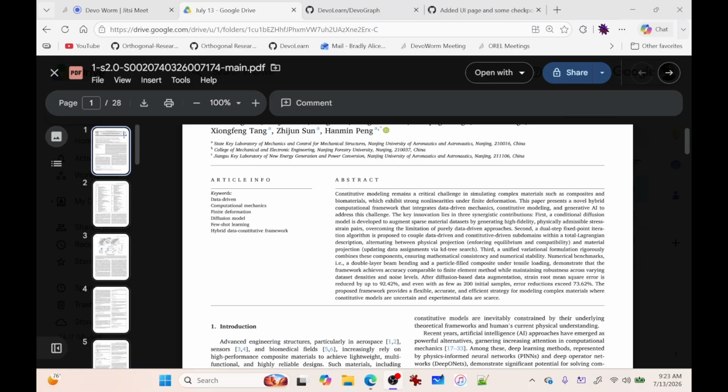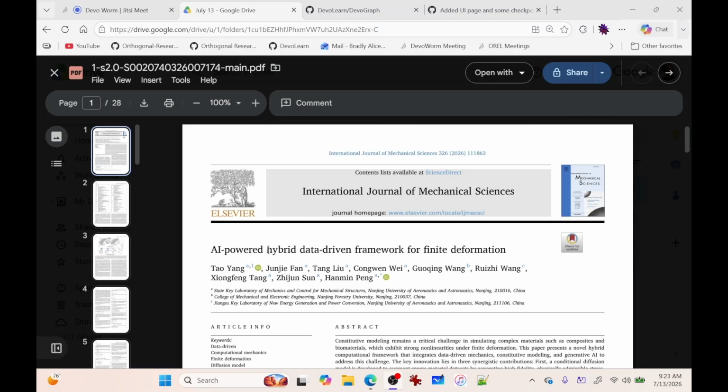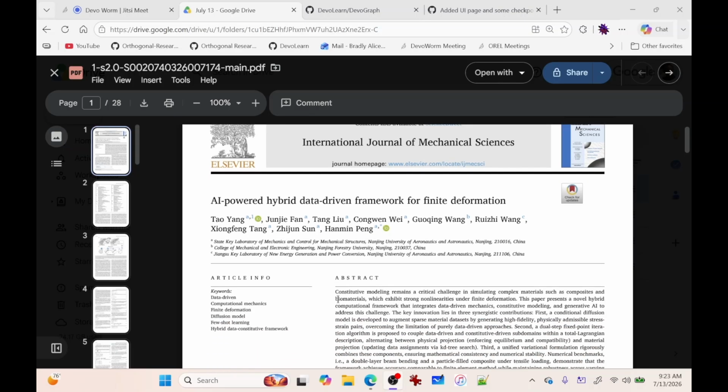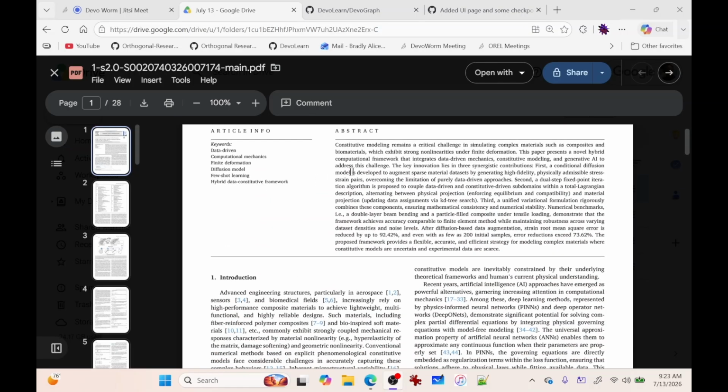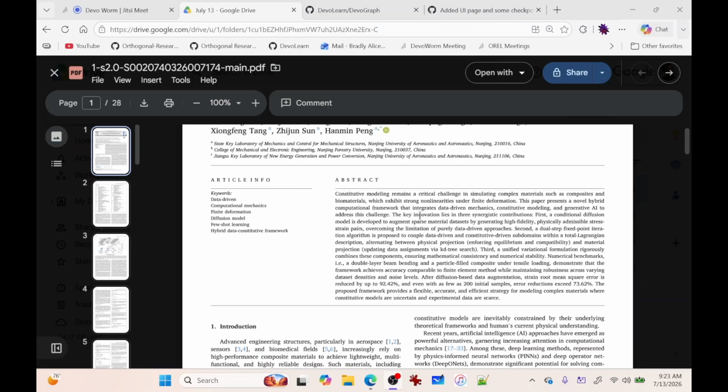All right, so this is the paper here, AI powered hybrid data driven framework for finite deformation. These are the authors, from the International Journal of Mechanical Sciences. What they're trying to do here is build a large language model and do finite element analysis.